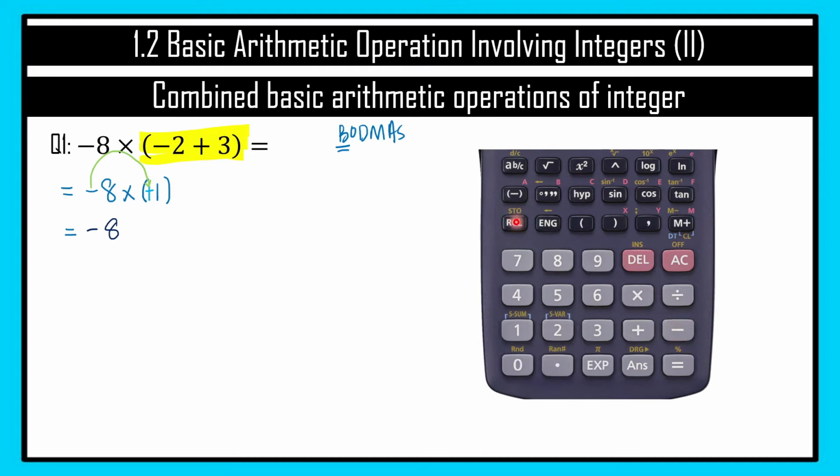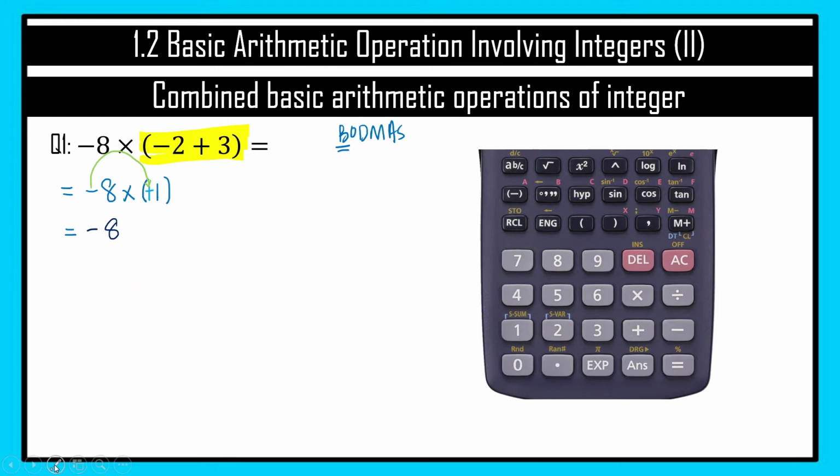So when you enter the number negative 8, it should be negative and then 8, multiply, open a bracket, negative 2 plus 3, close your bracket, and then you press equal. If you press correctly, the number in your calculator should be negative 8. So this is how we are going to use the calculator to check our answer.